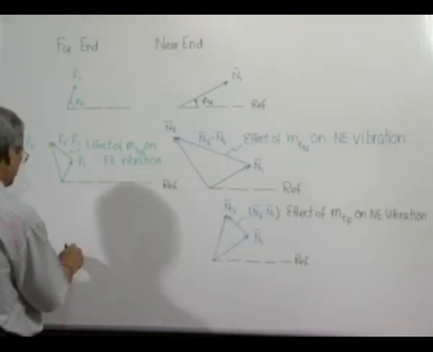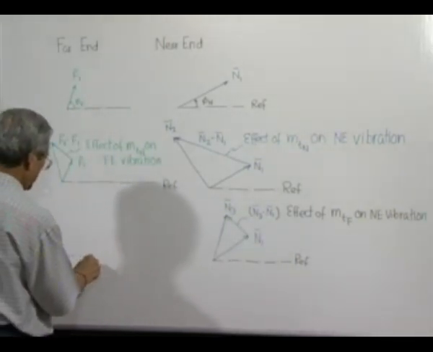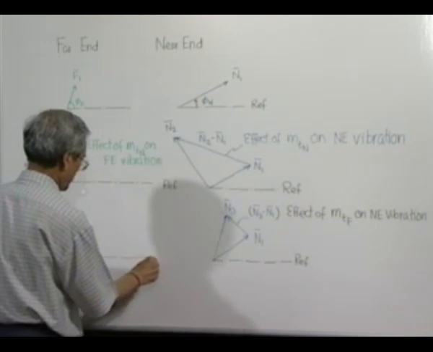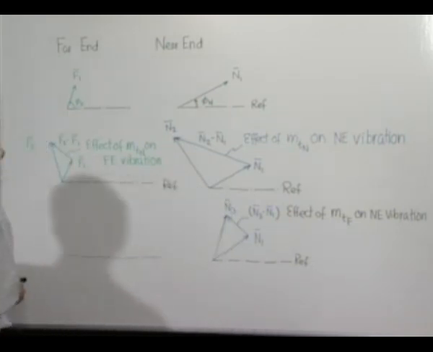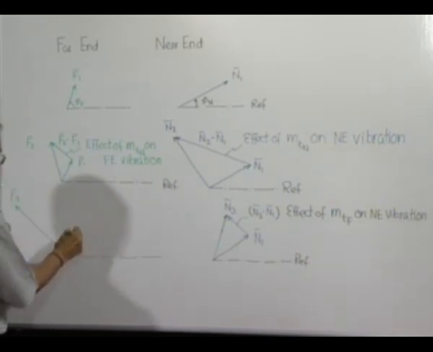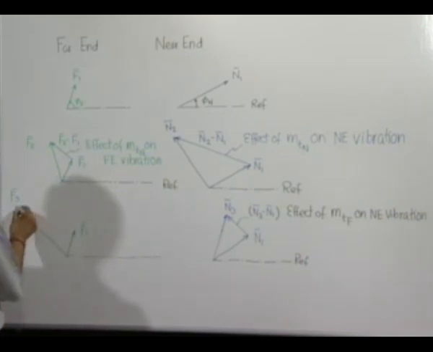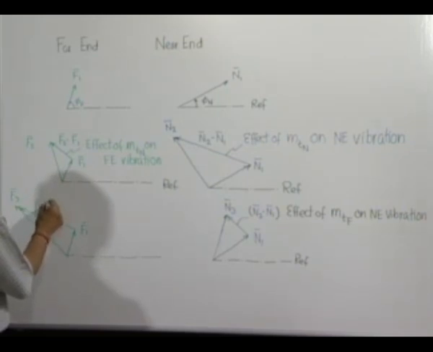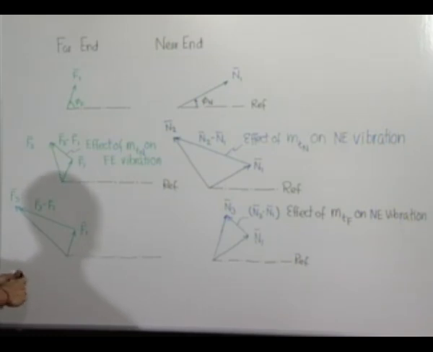Similarly, at the far end, the vibration is measured and we may get the far end vibration F3. The original one was this without anything. So, this F3 minus F1, this must be the effect of MTF on far end vibration.